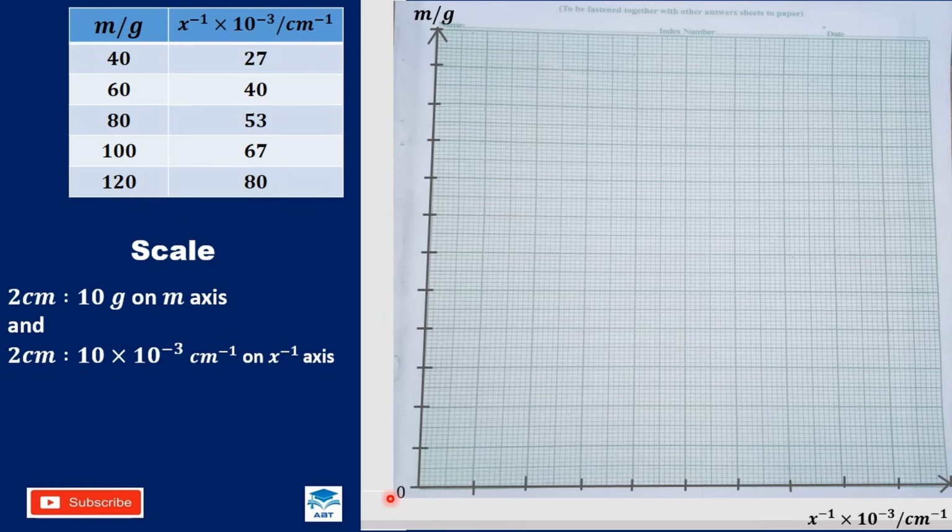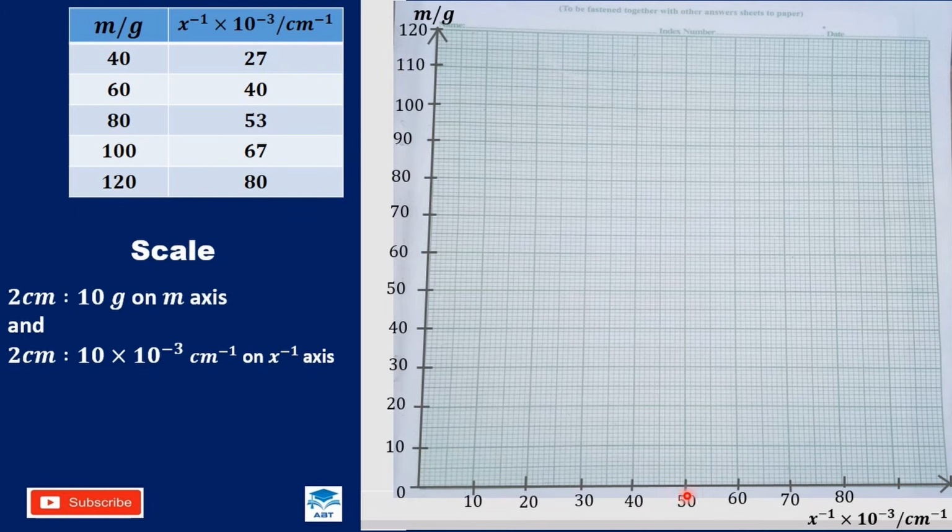So we start from 0, 10, 20, 30, 40, and so on. On the x inverse axis too, we choose a scale of 2 centimeters representing 10 times 10 exponent negative 3 per centimeters. So we start from 0, 10, 20, 30, and so on.